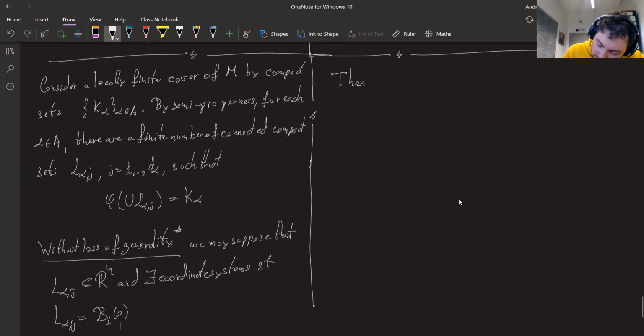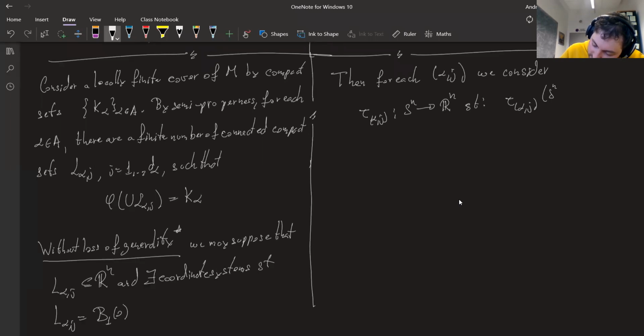Then for each alpha j, we consider tau of alpha j from Sn to Rn, such that the image of it is equal to L alpha j.